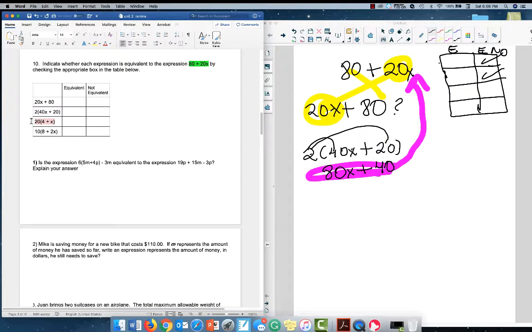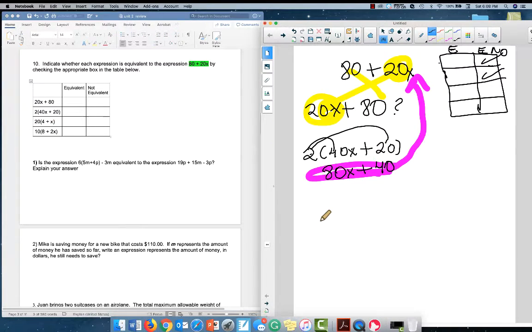Now we have 20 times 4 plus x. Okay, so 20 parentheses 4 plus x. Again, we use distributive property, rainbow method. 20 times 4 is 80.